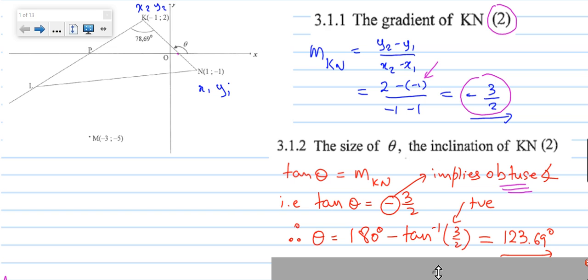Therefore, theta will be 180 minus tan inverse 3/2 positive, and you'll get your obtuse angle, 123.69. Also 2 marks. We must learn this. So far 4 marks. That's genuinely at 1%. Please note this notion of an obtuse angle.